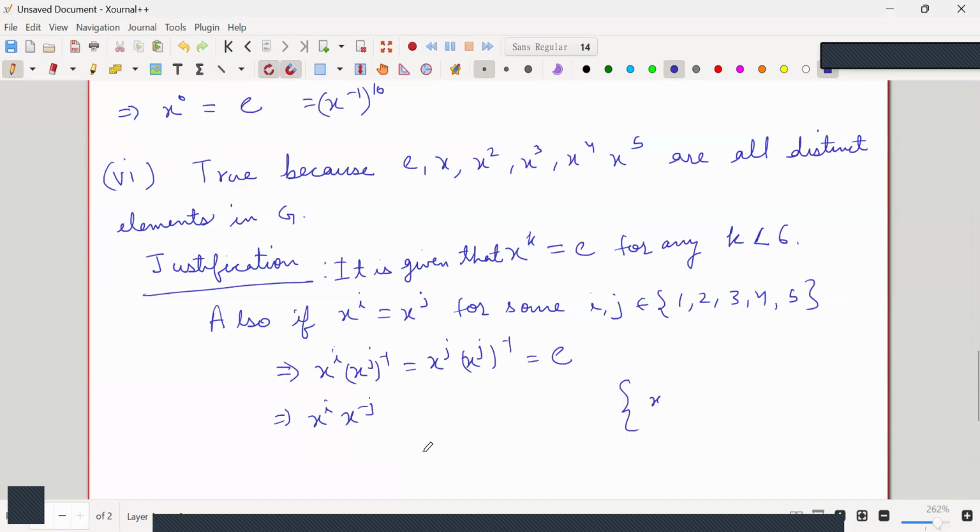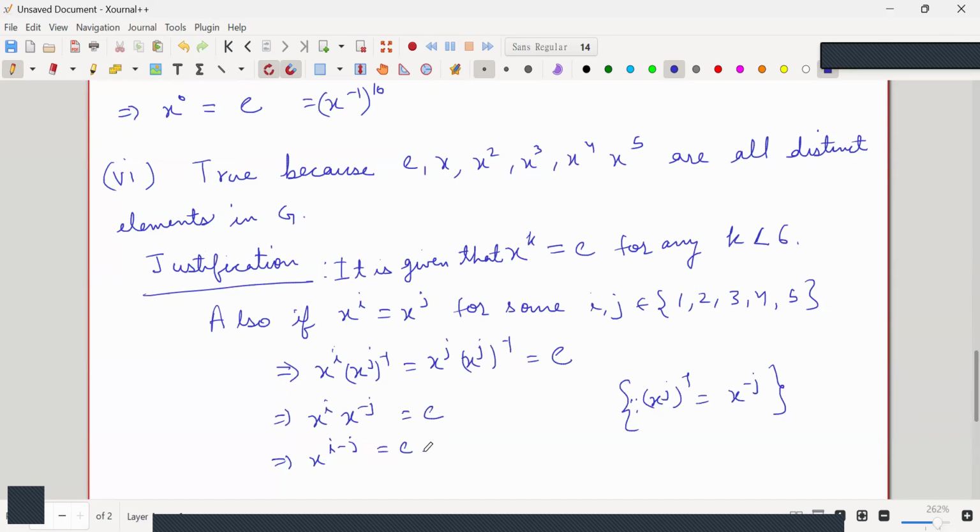You can check that x^j inverse is nothing but x^(-j). And this is identity, and it will imply x^(i-j) is identity.